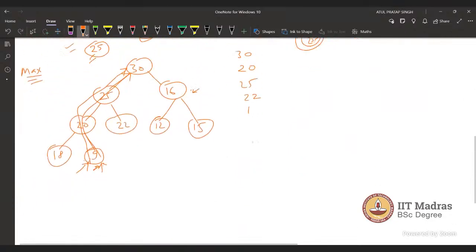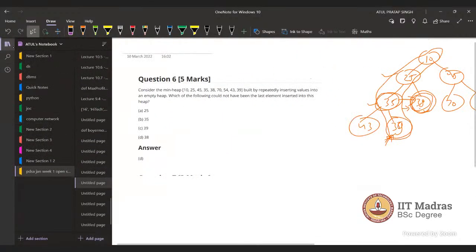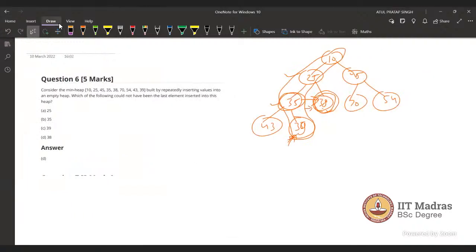For this question, a min heap is given, so you create the min heap first. Then check that the last inserted node position is this, and if the value of the inserted node is greater than its parent node, the value can move only this way, along its parent nodes.